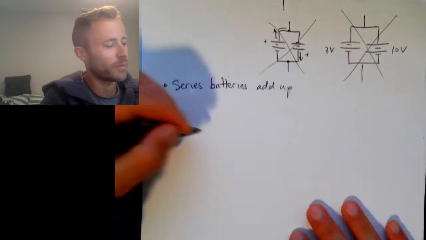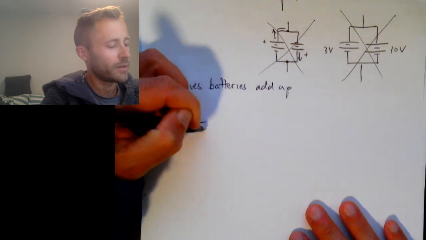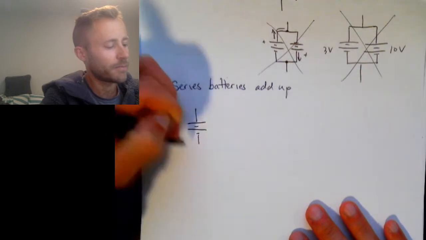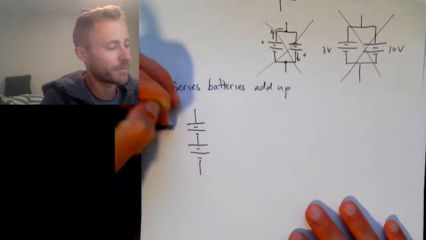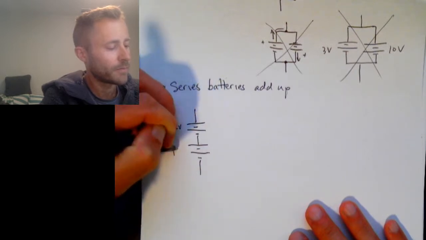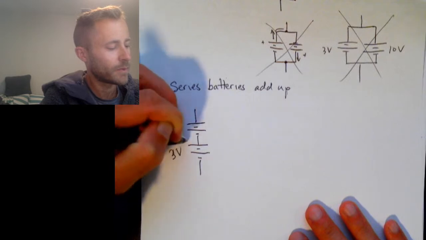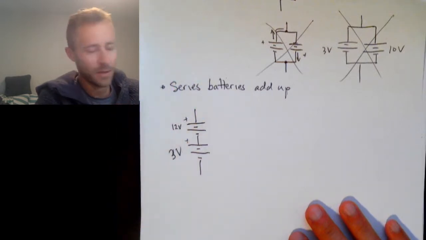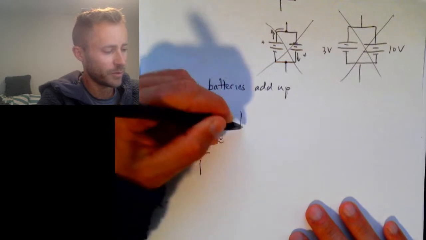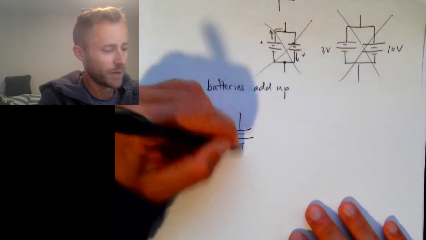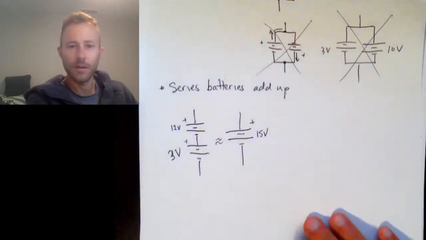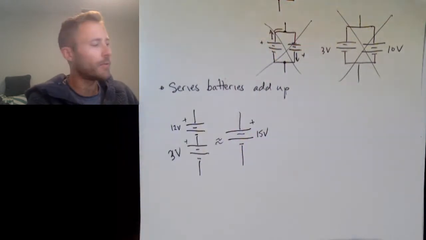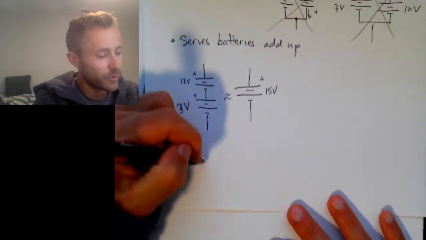So for example, if you had a 12-volt battery and a 3-volt battery, and their orientations are the same, they are basically going to be equivalent to a 15-volt battery. I don't know why you would do this, but you could.